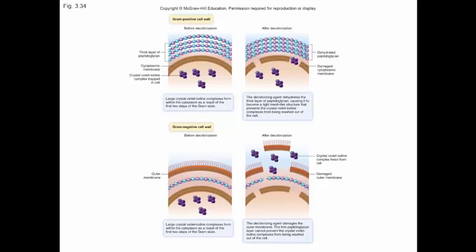Okay? You've got dehydrated peptidoglycan and a damaged cytoplasmic membrane, but the crystal violet iodine complexes will not be easily washed out of the cell, whereas in the thin peptidoglycan, they will be. And that's when we move into using safranin as the secondary stain.